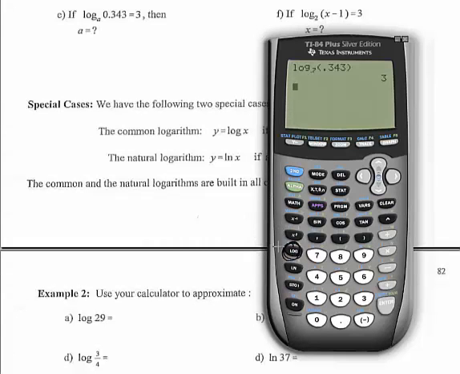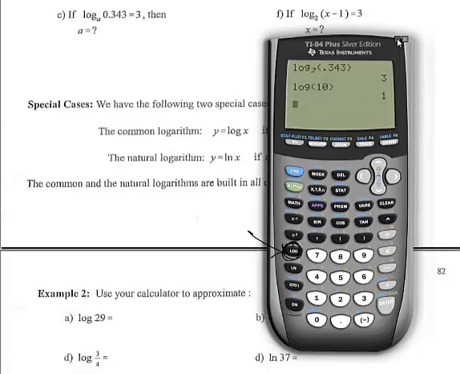This button, log, and as I mentioned before, that is a log with a base of 10, but when you hit the button, the 10 isn't written in the calculator. It's just understood to have a base of 10. So what do we raise 10 to get 10? 1. 10 to the first power is 10.